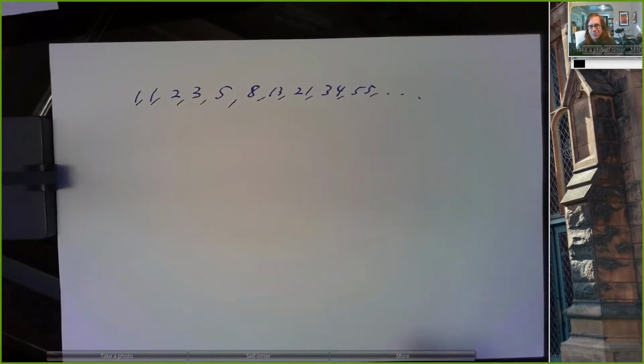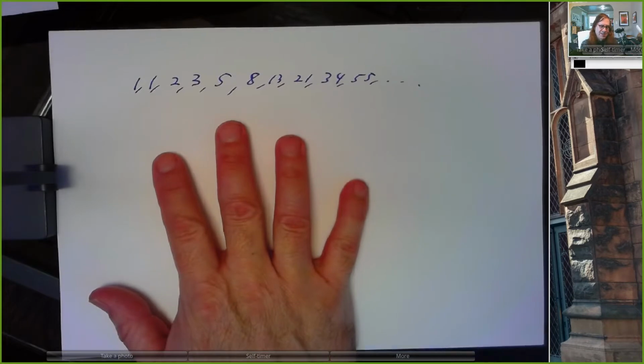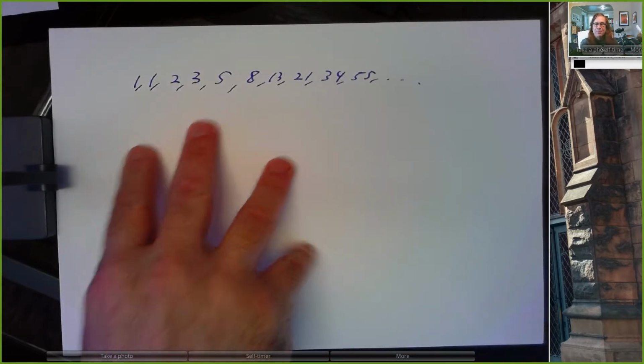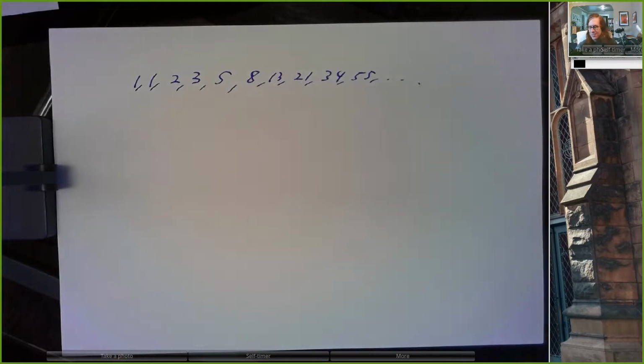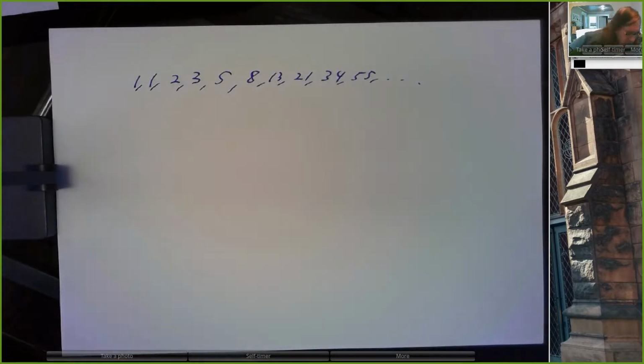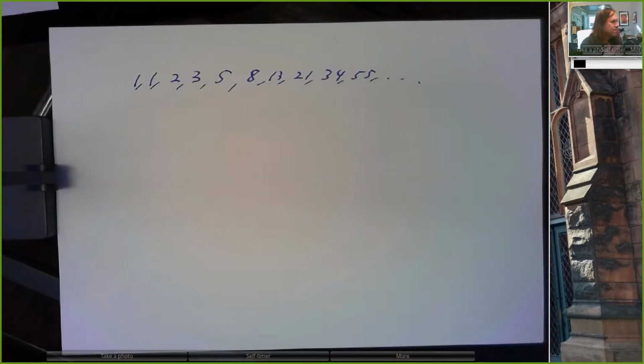The ratio of female to male bees in a population approaches the golden ratio, 1.6 something. So it's a really interesting sequence, and it was developed, I believe, by studying rabbit populations and idealizing the growth rate of a population, and this is the count of the population over time.